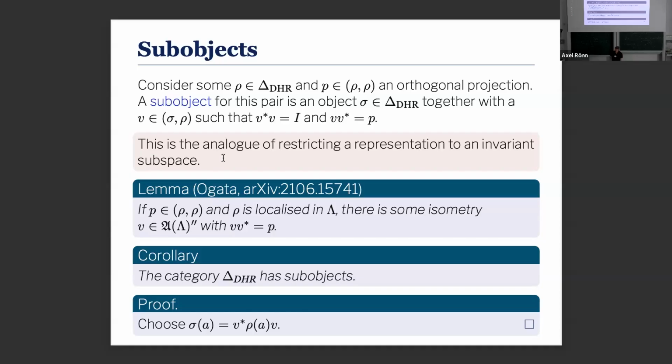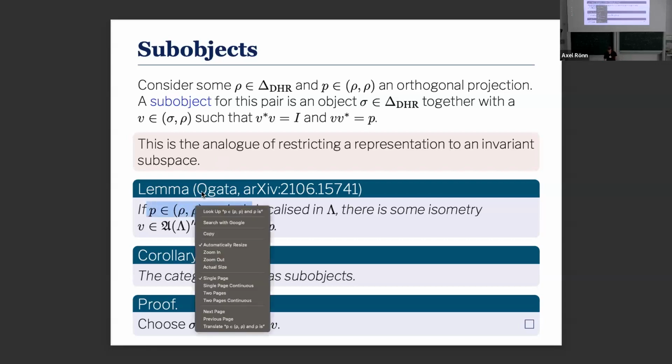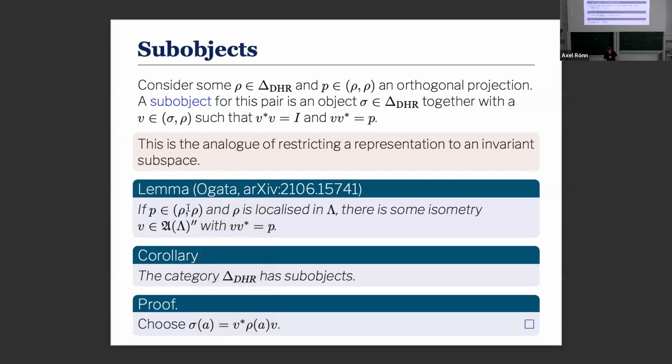And again, you can prove under quite general conditions that if you have an intertwiner like this, as a projection, then you can find some isometry in this cone with V V star.